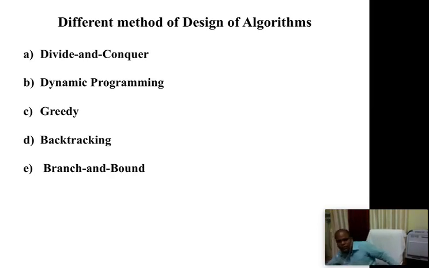Now, in today's class we will discuss one designing technique, that is the divide and conquer approach. In this divide and conquer approach we will discuss a particular algorithm, and that is merge sort, a sorting algorithm.